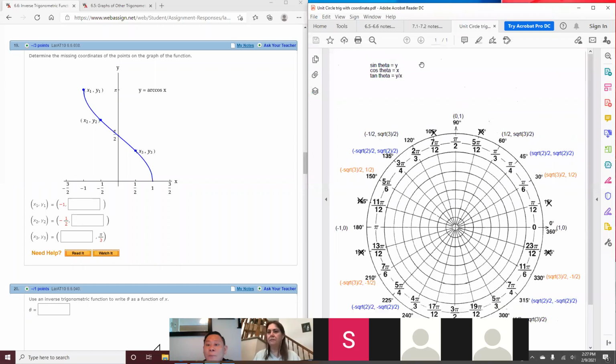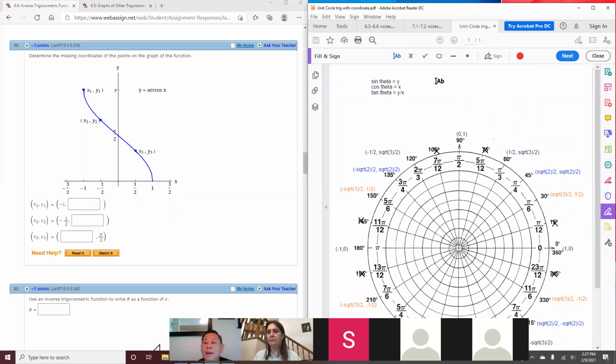Last time, sine theta is Y, so when you do the arc sine theta, this will be your X because it's switched around. And when you do the arc cosine theta, this will be your Y. And if you do the arctan, then this will be X over Y.